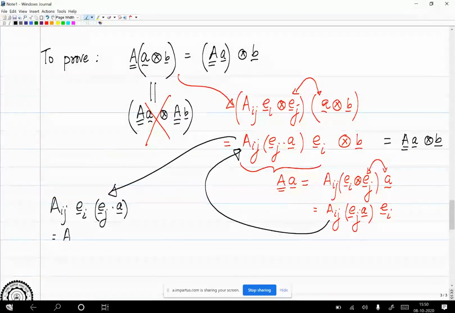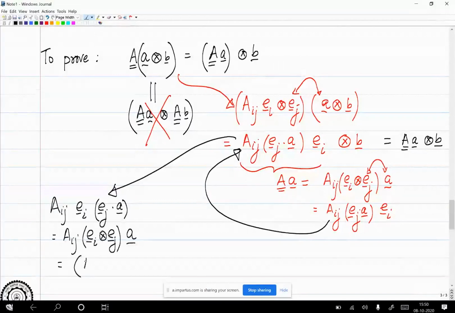But then this is also equal to Aij Ei tensor product Ej multiplied with A, isn't it? That's the definition when a second order tensor multiplies with A. And then this scalar you can bring inside the bracket, which is now A into A. Okay, so this is how we prove it.